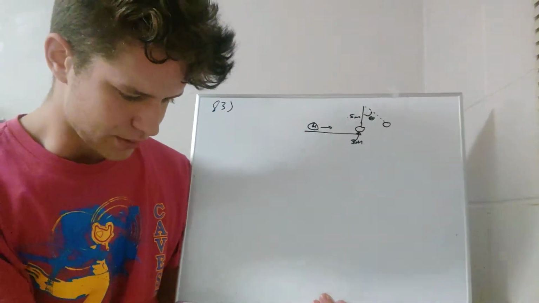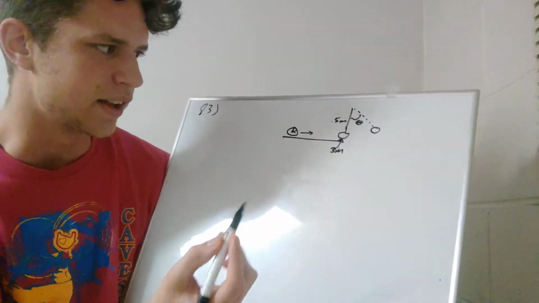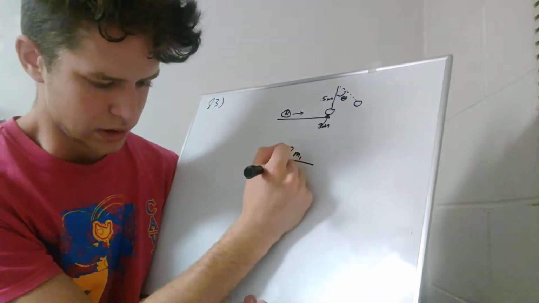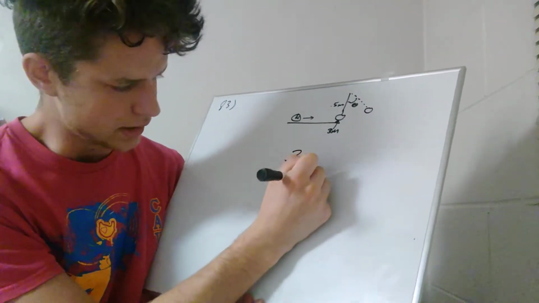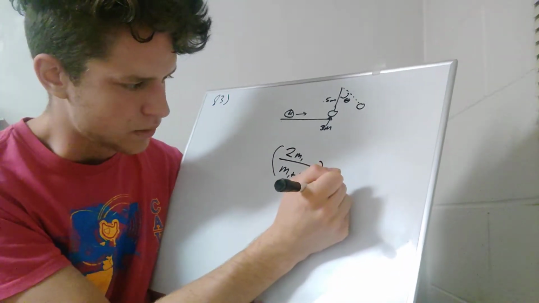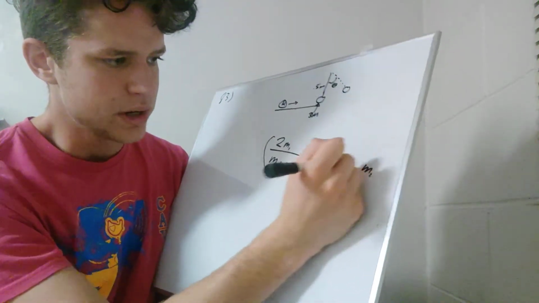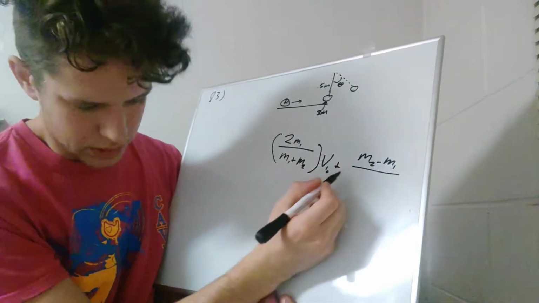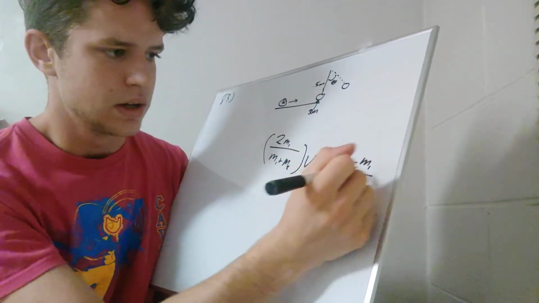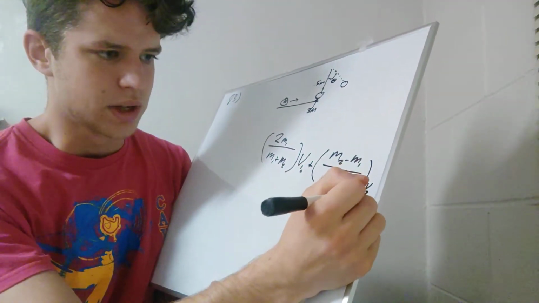So the way to do this, the first thing we do is you get the equation for an elastic collision, which is 2m1 over m1 plus m2 times the initial velocity 1 plus m2 minus m1 over mass 1 plus mass 2, and that is multiplied by the initial velocity of your second one.